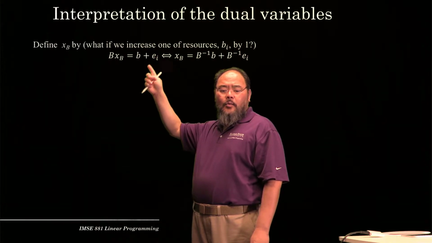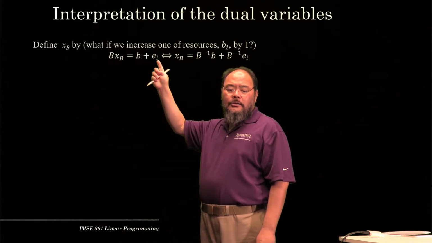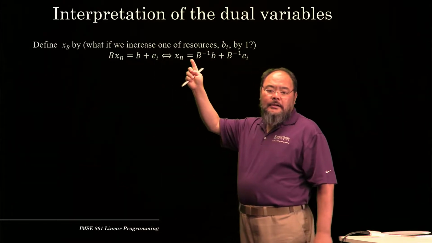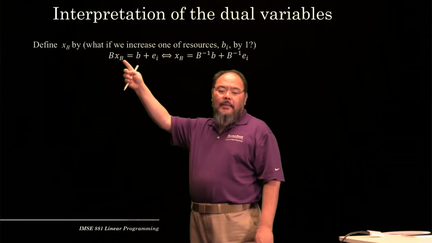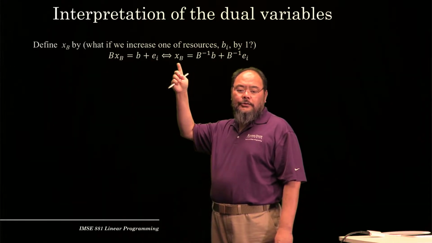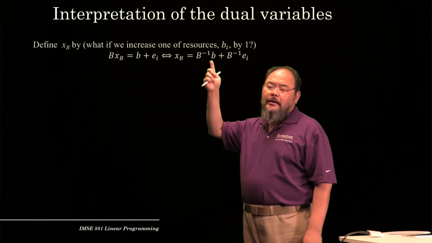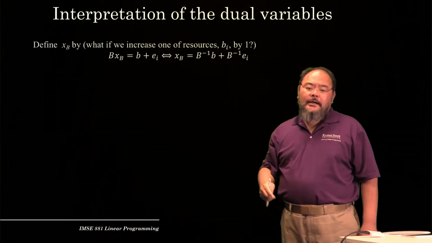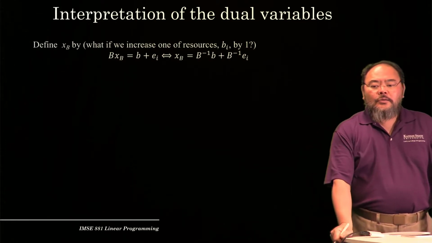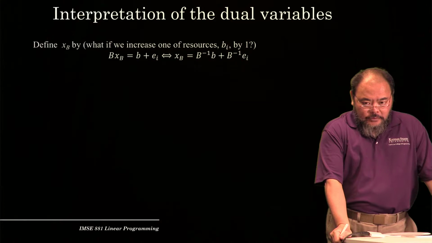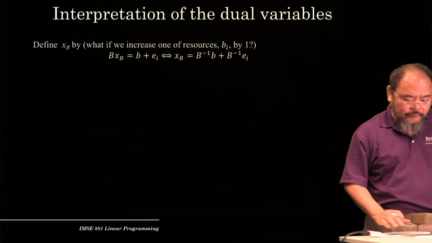What if I increase one of the bi by 1 unit? If I multiply both sides by B inverse, the current basic solution will equal B inverse times b plus B inverse times ei, where ei is the unit vector with the ith row 1 and the rest of the rows 0.